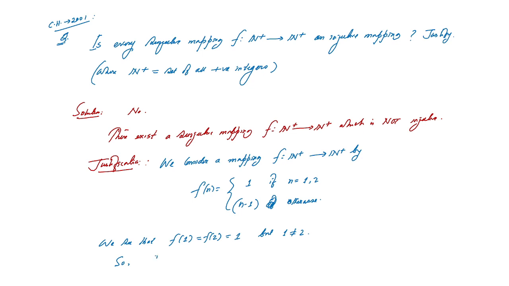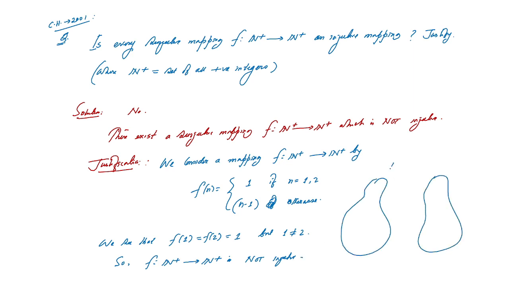So we conclude that this map from N plus to N plus is not injective. You just see the map, 1 goes to 1 and 2 also goes to 1. That's why it is not injective.